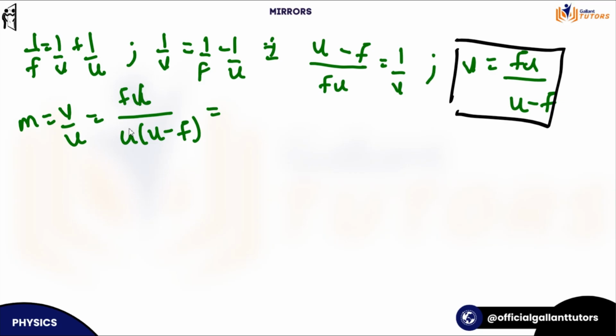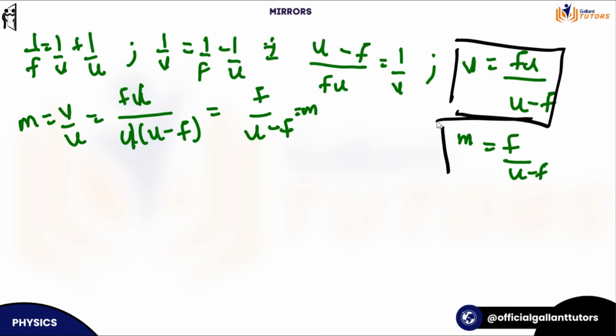So U will cancel U, and we end up with F over U minus F. That's for M. Let me just write it here to put things in order: M equals F over U minus F. Is that clear? So know this too.